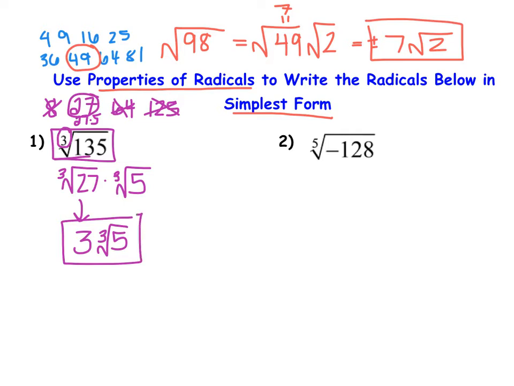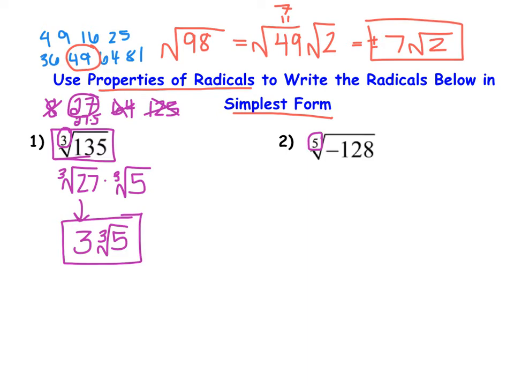Now if I look at this next example, I see that I have the fifth root, so I'm going to look at numbers to the power of 5. I'm looking for one that, if I divide 128 by that number, works really nicely.